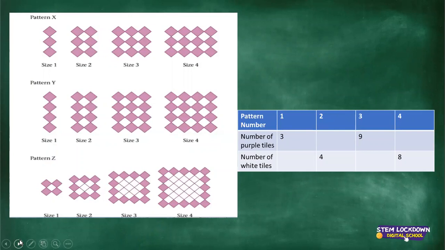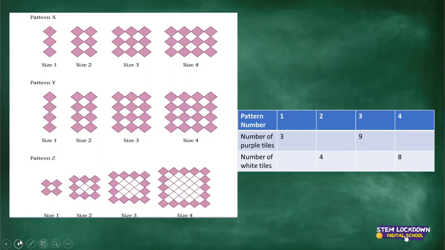We are given a table. It does not have a total number of tiles, but we'll look at it as soon as we are done with all the patterns. So pattern X has size 1, size 2, size 3, and size 4.